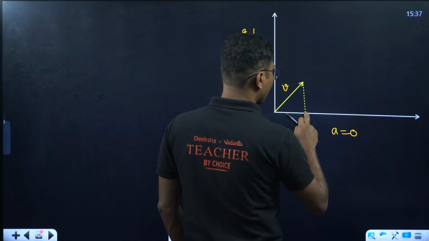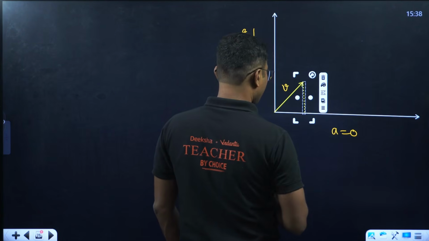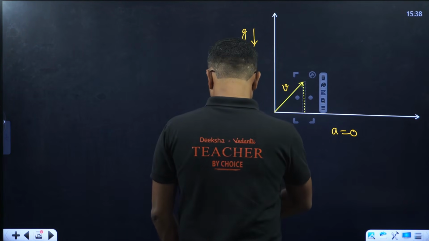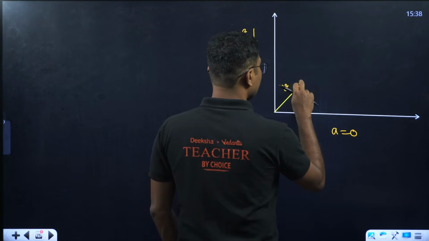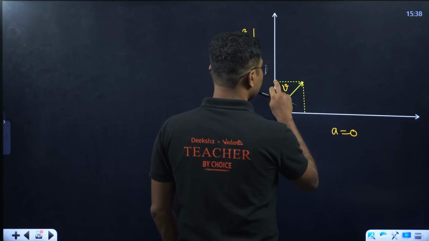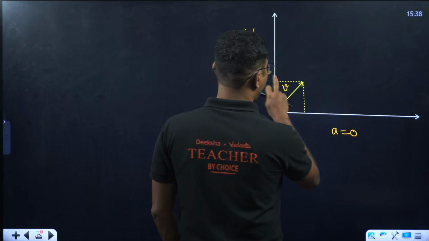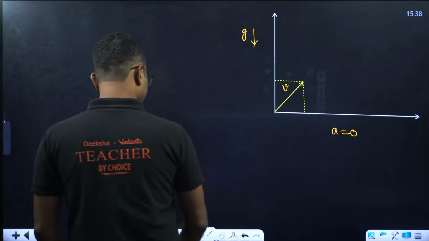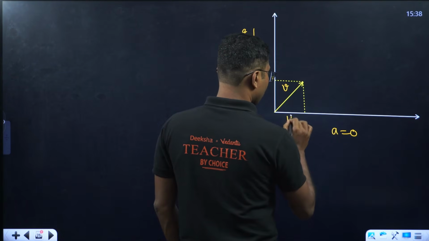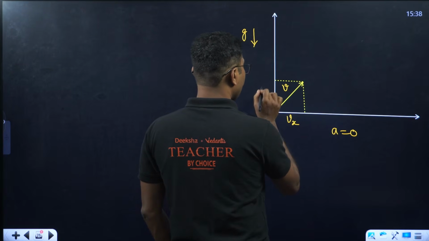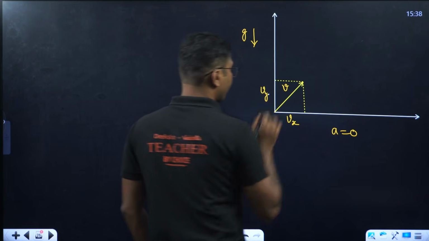This is the x component of velocity, and another one is along this direction, this is my y component of velocity. So this is my x component vx, this is my y component vy.